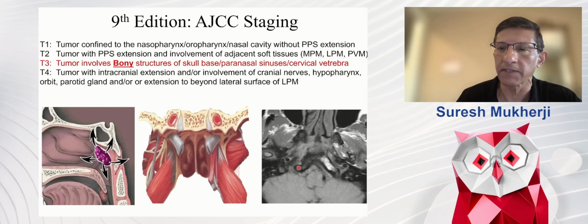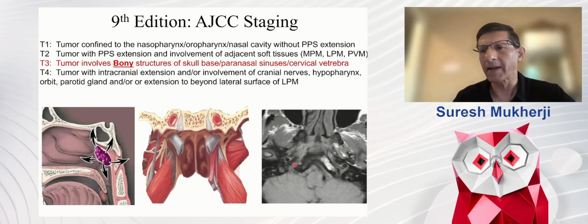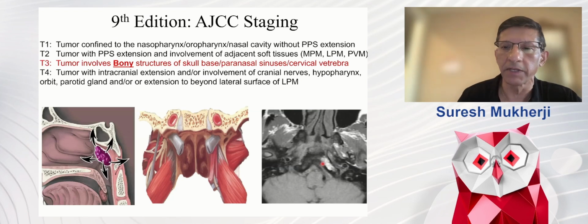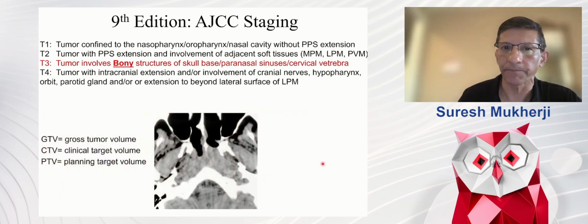But when we have this replaced signal, we're not 100% sure whether this is tumoral invasion or this robust peritumoral inflammation that extends into the clivus. Nevertheless, when I do my contouring with my radiation oncologist and I mention that this clivus is replaced, this area still has to be included in the gross tumor volume.